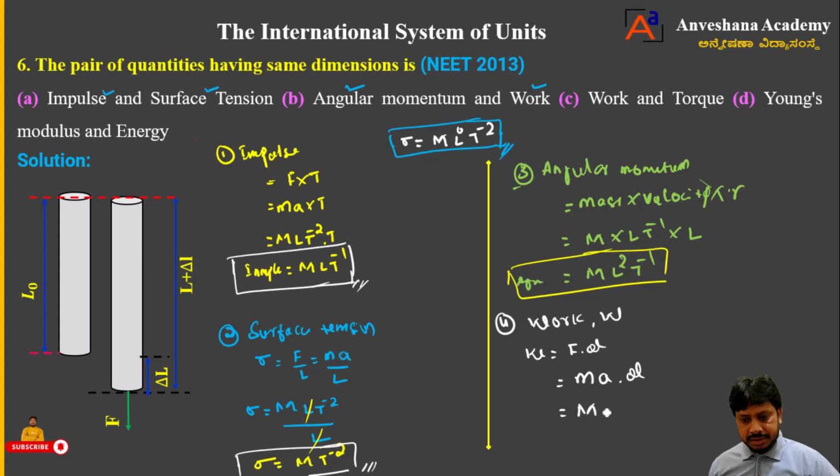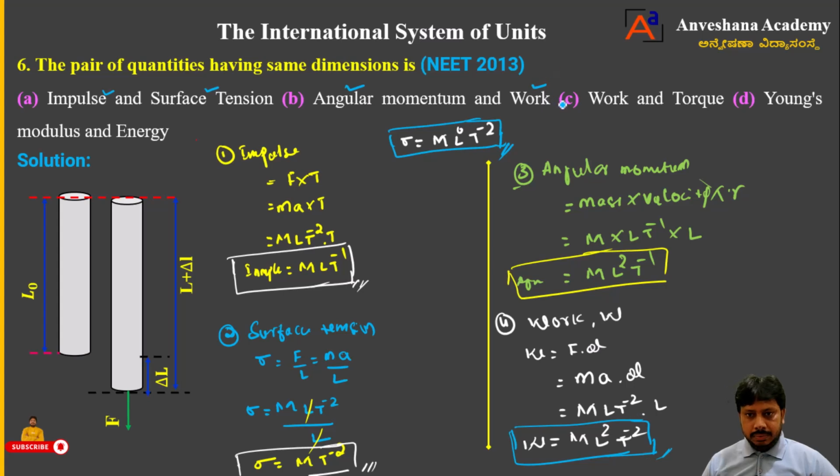Mass, the fundamental quantity for mass is M. Then it is acceleration, that is L t to the power of minus 2, meter per second square. Again L is there. So therefore the dimension for work is equal to M into L square t to the power of minus 2, dear students. This is the dimensions for work actually. Okay, so now work we have calculated.